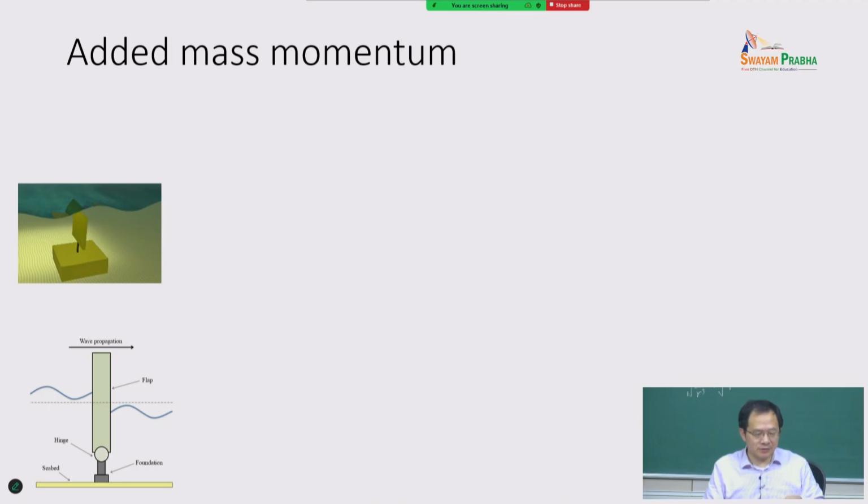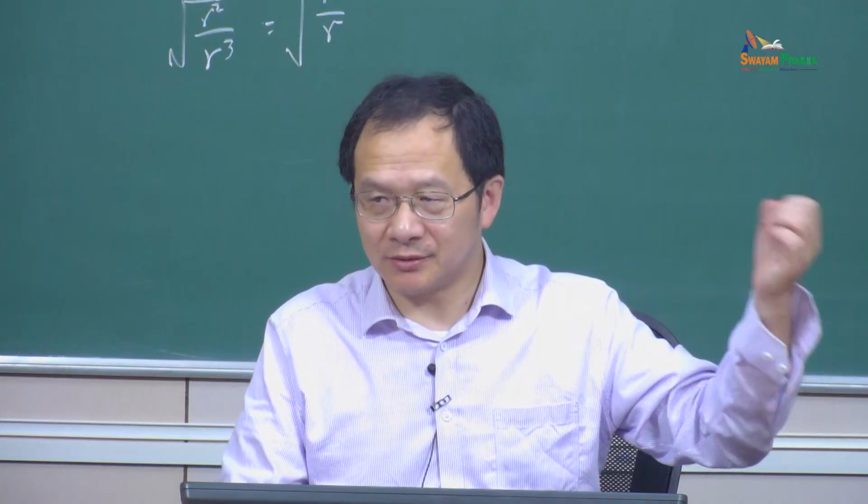Therefore, for shallow water, the oscillating surge device is used. For this device, we also have the added mass concept, which is called mass moment, and it is itself a rotational system.